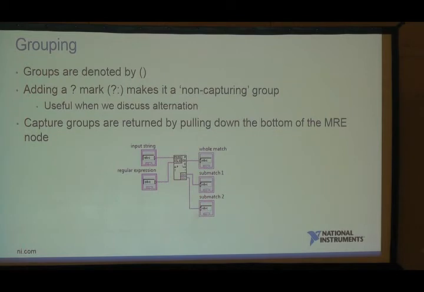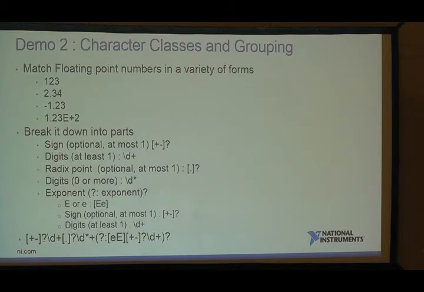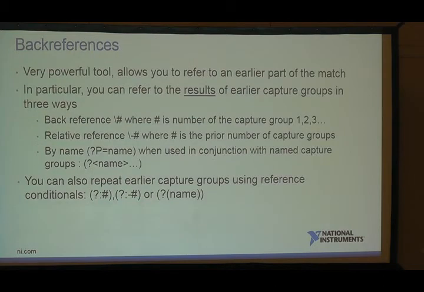These submatches return any of those capture groups that you put in your regular expression. That can be very useful. If I wanted the exponent, it could be pulled out into one of these subgroups.